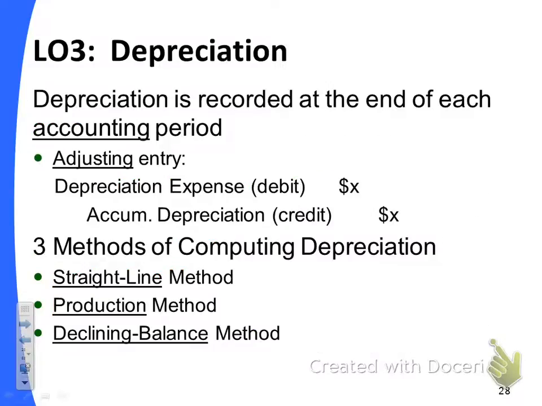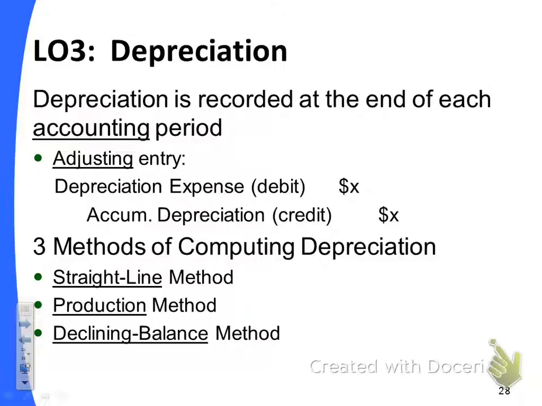Okay. So depreciation is always accounted for at the end of the fiscal period by doing an adjusting entry. And every year I hear my husband talk about this. You know, his staff is doing all the adjusting entries, okay? So every single adjusting entry is the exact same entry.